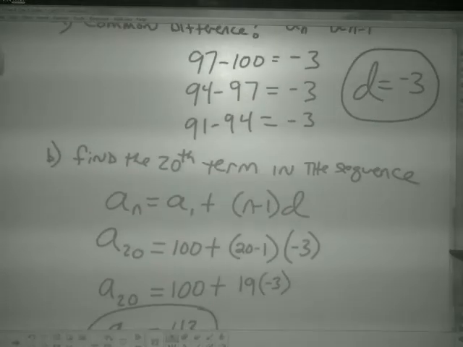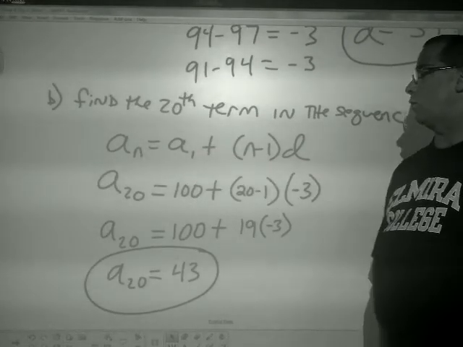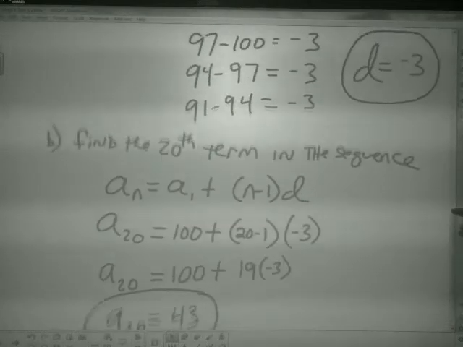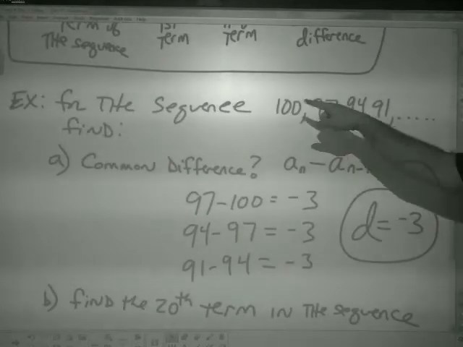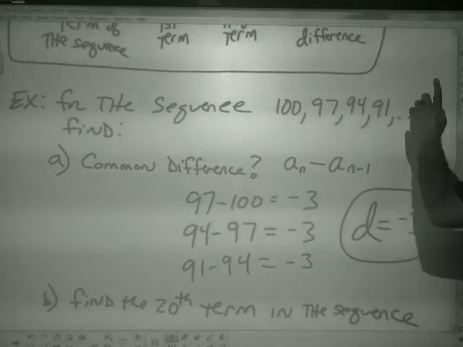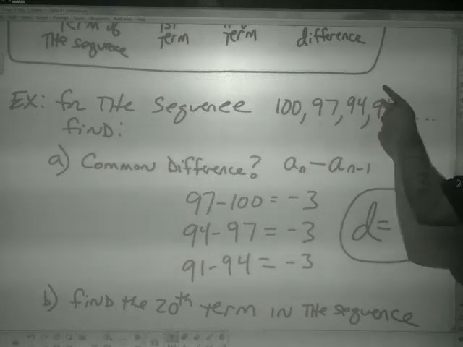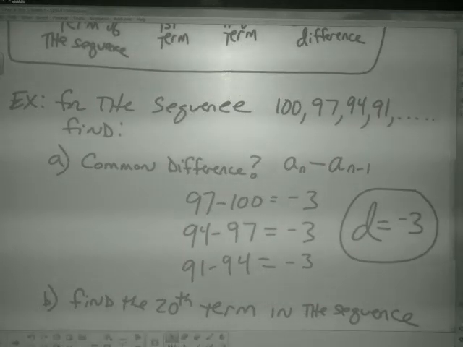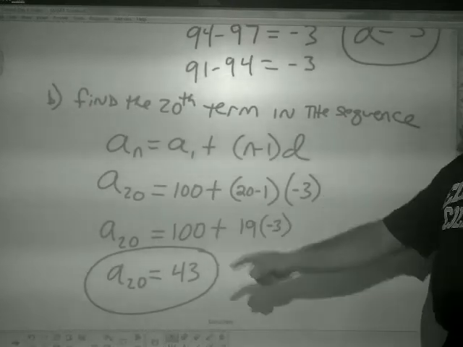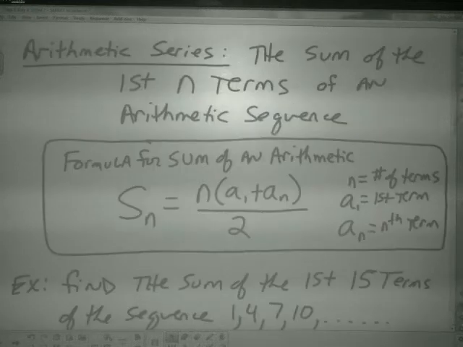So I have 100 plus 19 more negative 3s. My 20th term is 43. Now you might say, well, couldn't I just write the numbers out until I get to the 20th number? You could. So if you can't remember the formula, you could just go 91 minus 3, minus 3, minus 3, keep going, and then count until you get to 20 numbers. What's the 20th number? In this case it would be 43. So that's an arithmetic sequence.